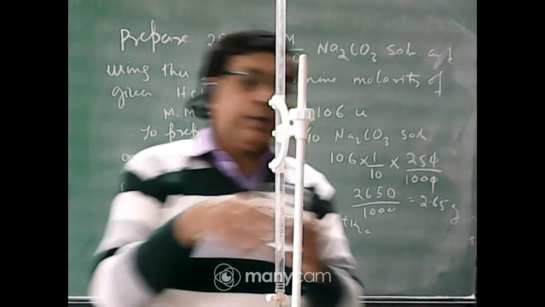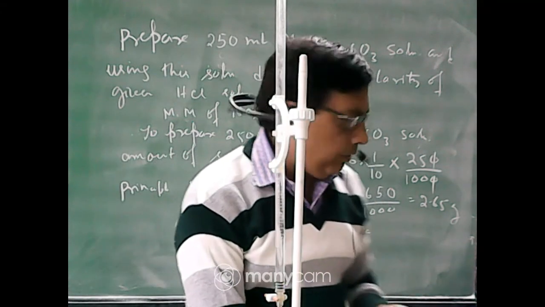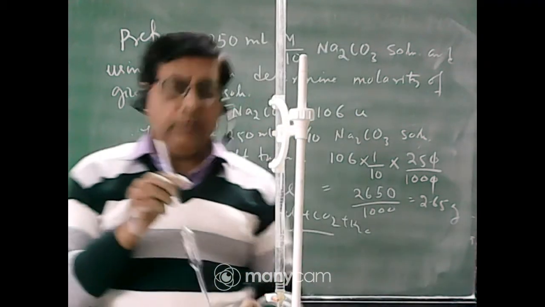This is the sample of dilute HCl. We take 25 ml dilute HCl using a pipette. You have already been shown in the previous class.